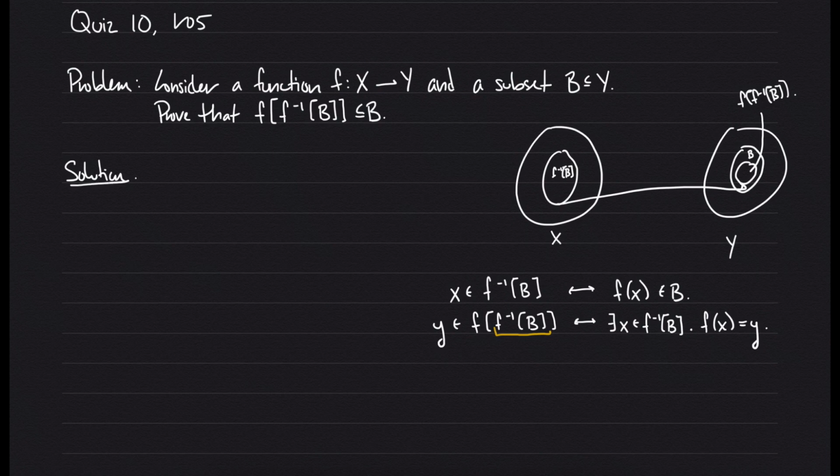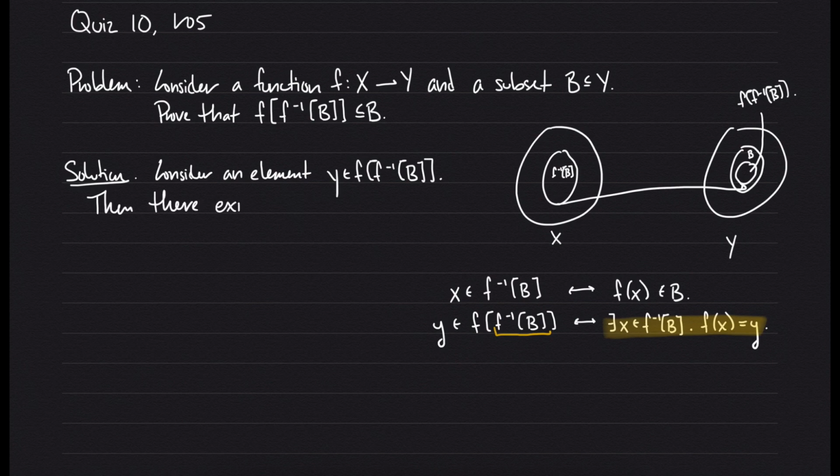Okay, so now let's write the proof using this. As always, we want to consider an element, let's say y in this image. Now we know that it's definitely in the image, so we can use this side of the implication.